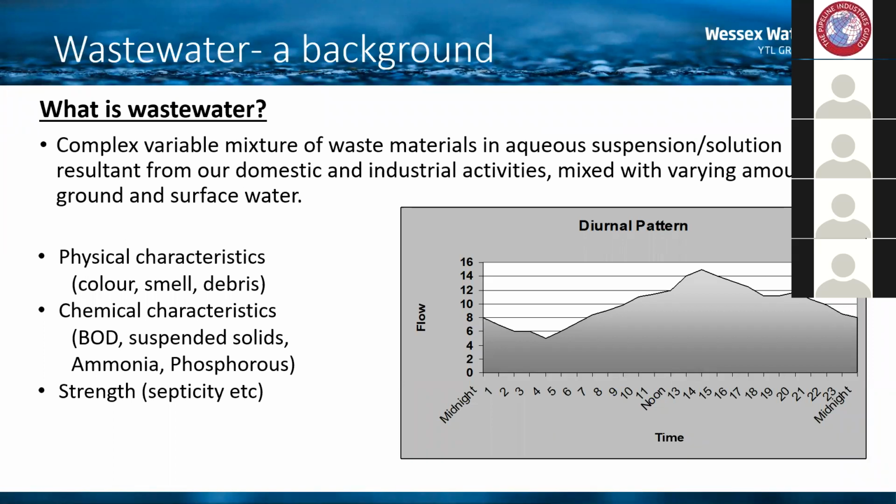It then dips slightly in the afternoon, and you have a small peak again in the evening when people get home from work, and that's fairly typical of most domestic sewage treatment works.